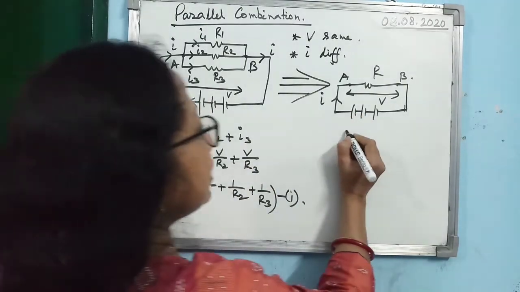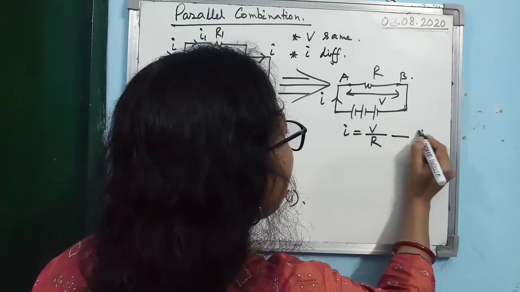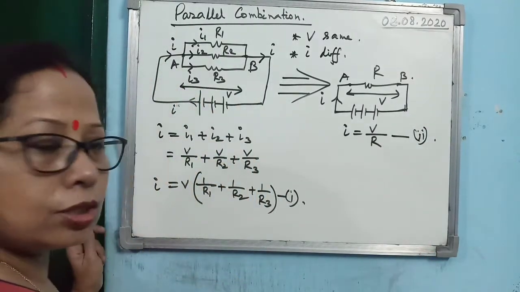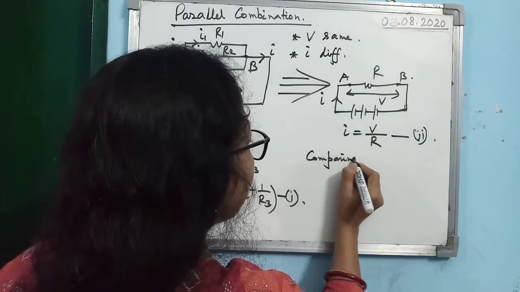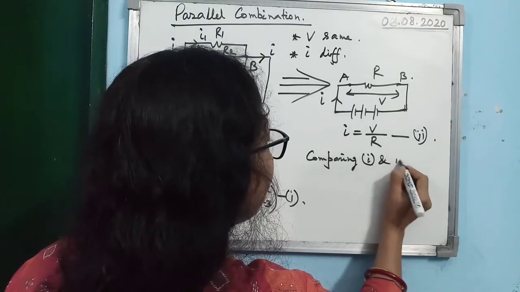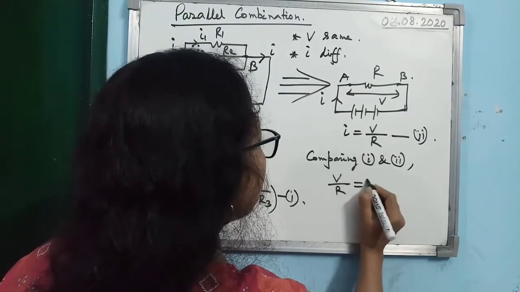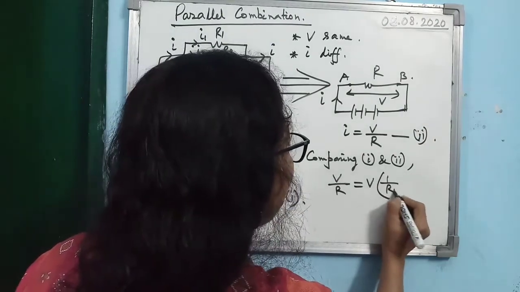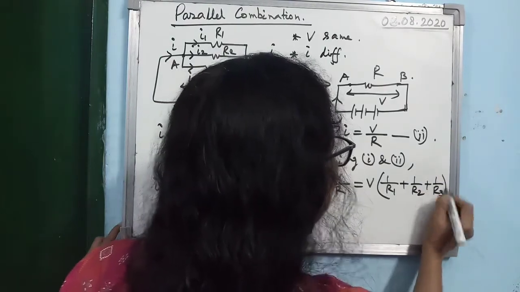So you see in this case you can write I is equal to V by R. So this is equation 2. If you compare equations 1 and 2, what can you write? V by R is equal to V into (1 by R1 + 1 by R2 + 1 by R3).